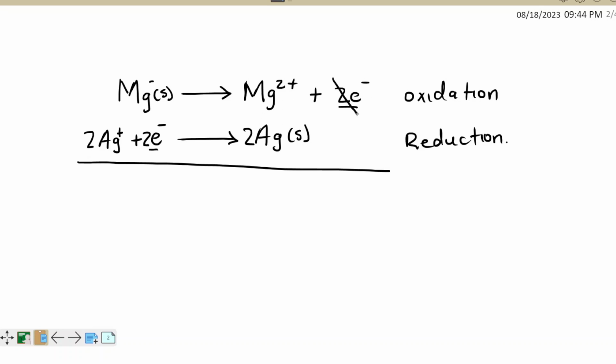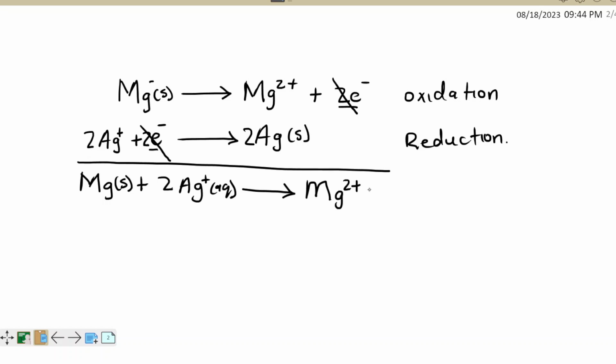So that means these 2 electrons now cancel out because they were donated on this side and gained on this side. What is left on the left is Mg in solid form, plus 2Ag+ in aqueous form, forward arrow. What is left on the right is Mg2+ in aqueous form, plus 2Ag in solid form.